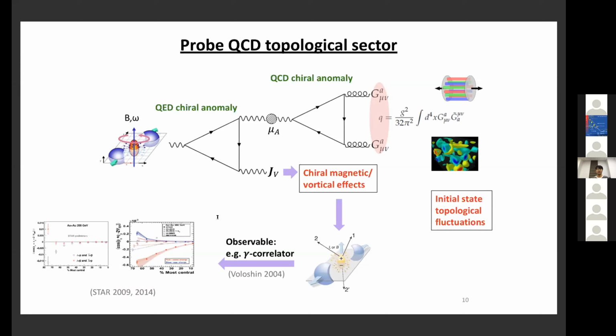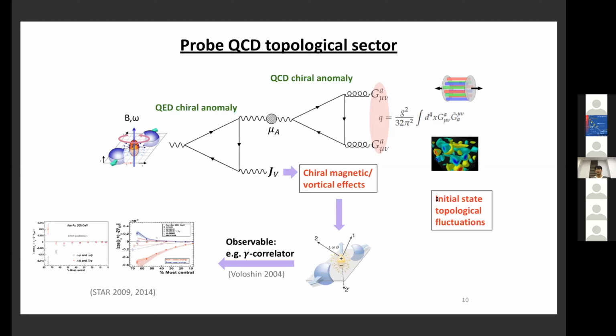So here I show you a cartoon to explain the main idea. Theoretically, QCD permits parity violating phases or parity violating configurations.